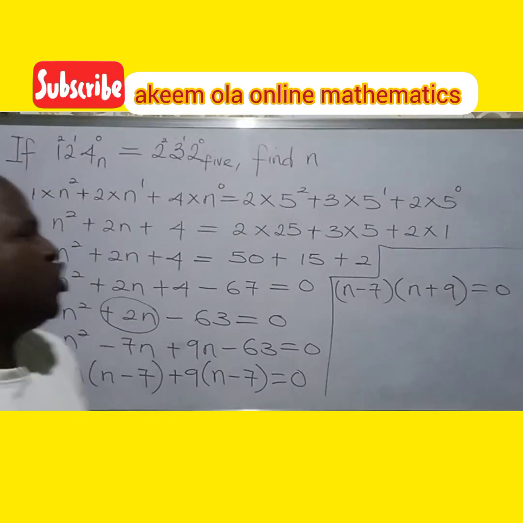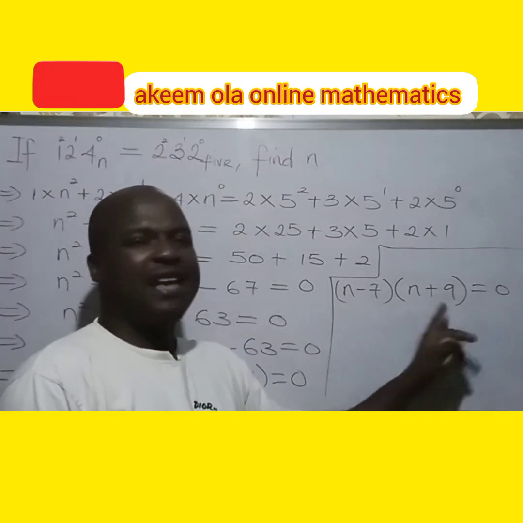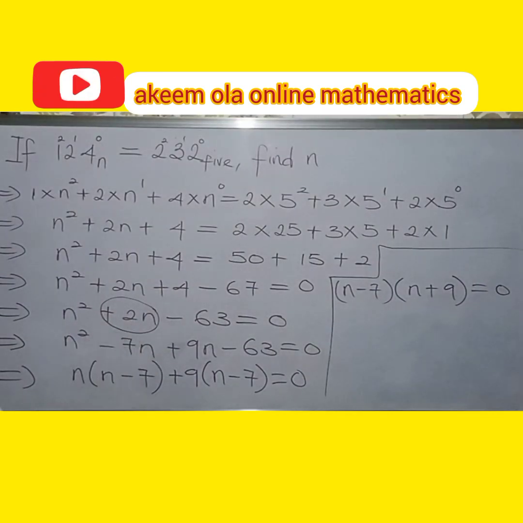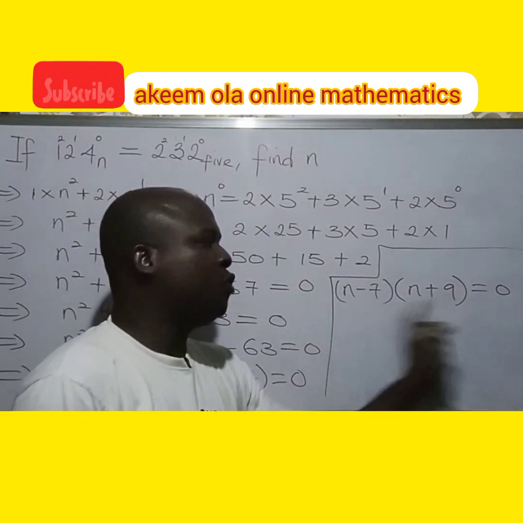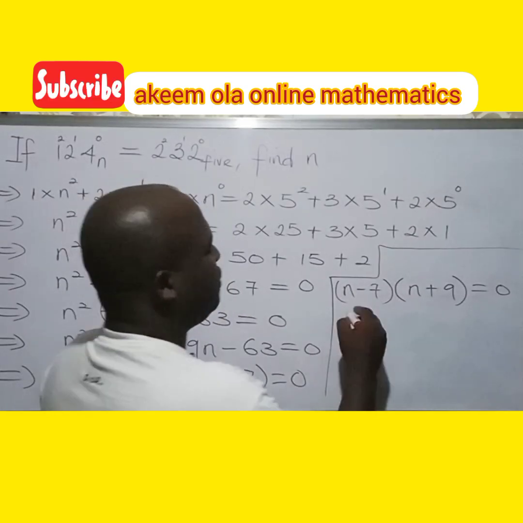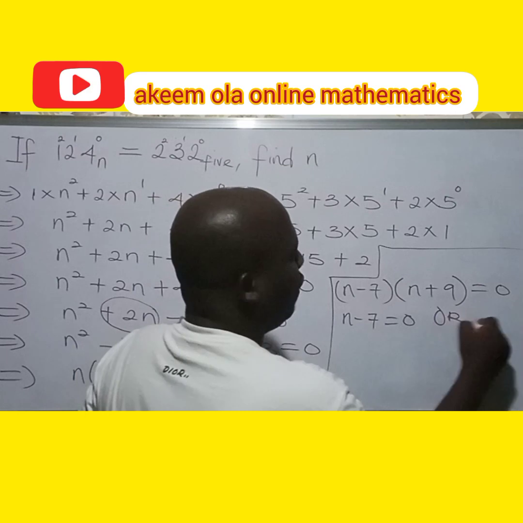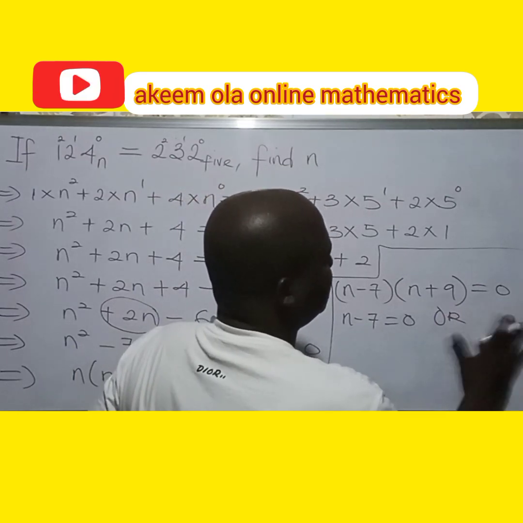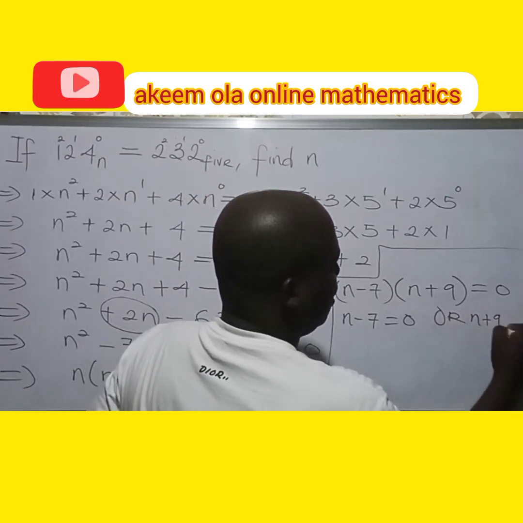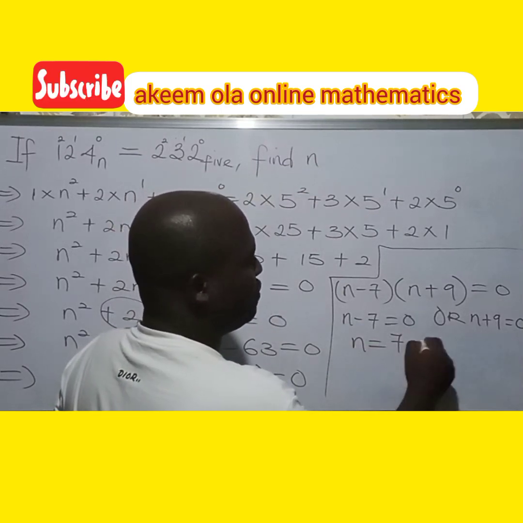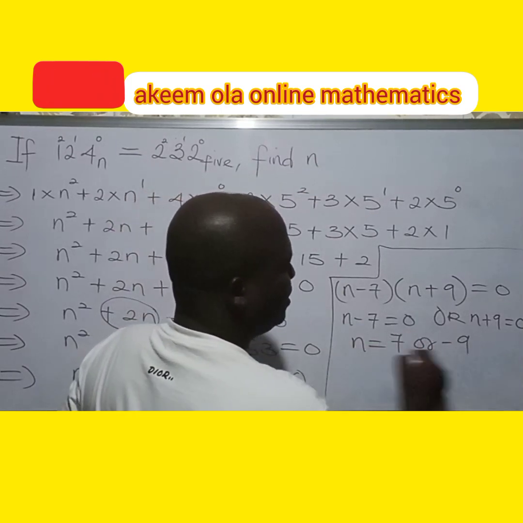If these two brackets are expanded, you will have n squared plus 2n minus 63. So I can now equate both brackets to 0. I have the first one, n minus 7 is equal to 0, or n plus 9 is equal to 0. So my n will be equal to 7 or minus 9.